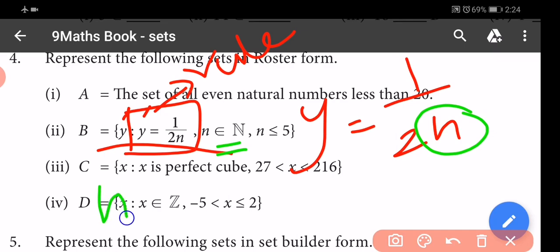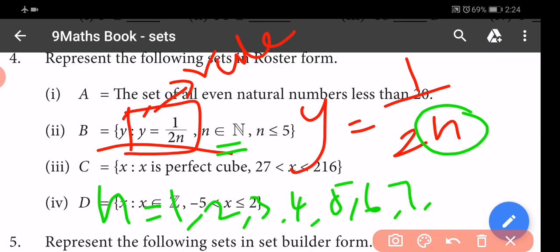So we substitute n equal to 1, 2, 3, 4, 5, 6, 7 and etc. But there is another condition in the rule: n is less than or equal to 5.